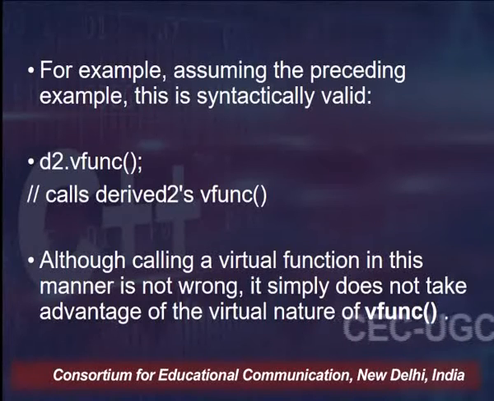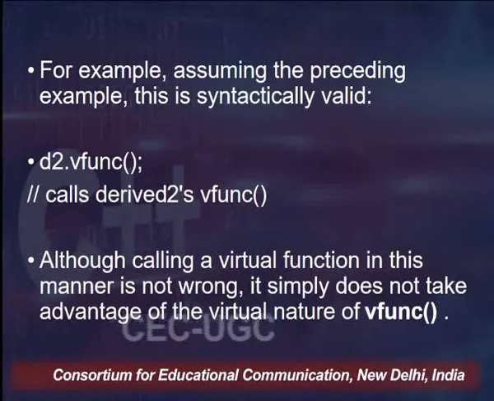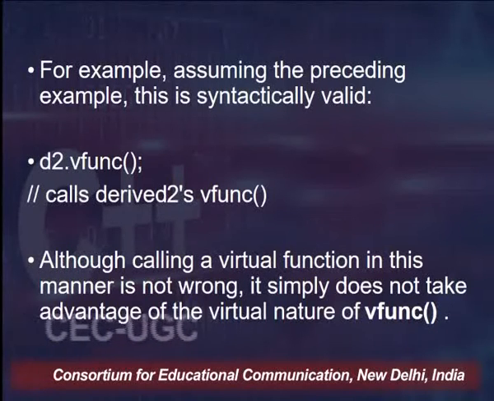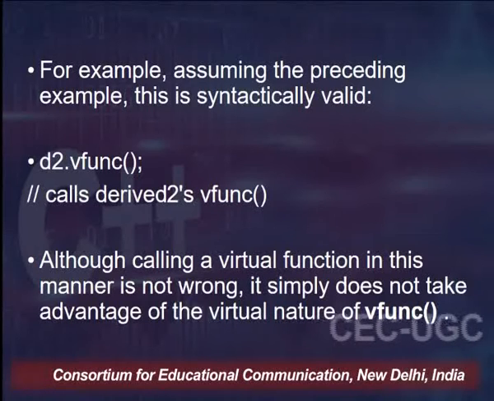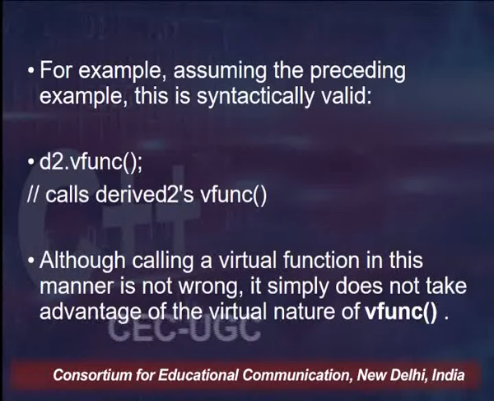Although there is no harm in calling a virtual function in this manner, and it is not wrong, it will not take advantage of the virtual nature of vfunc, for which we have declared it in the base class as virtual.